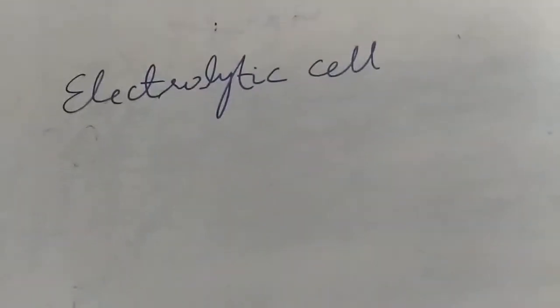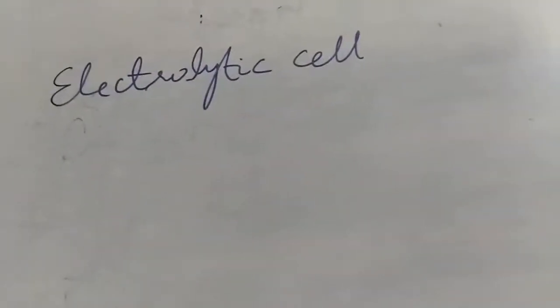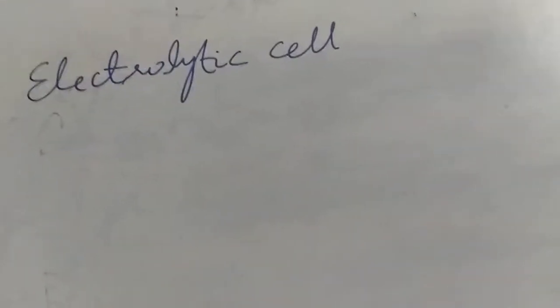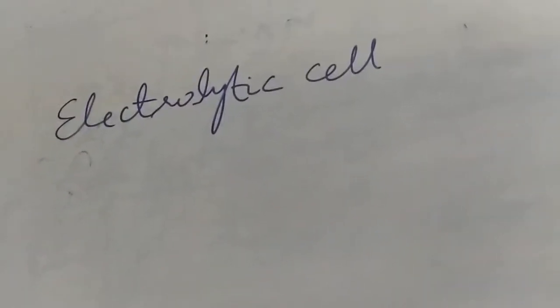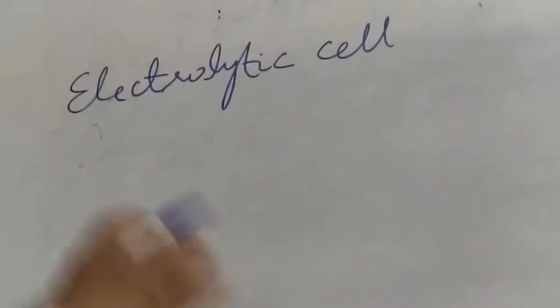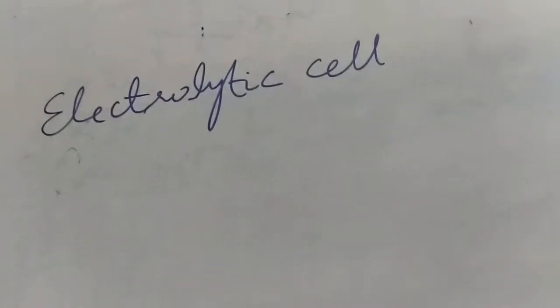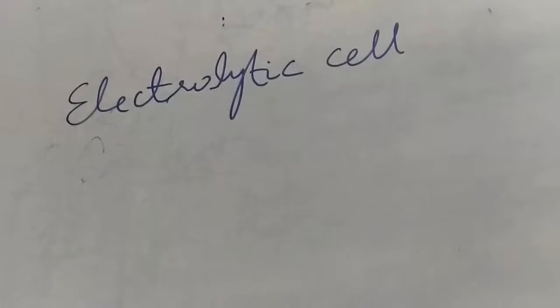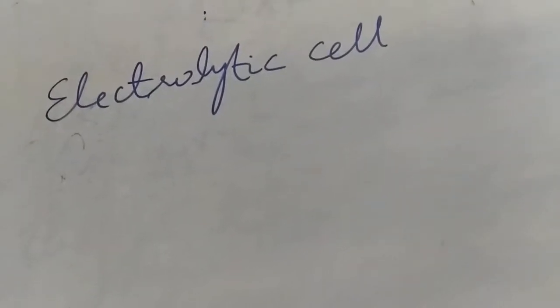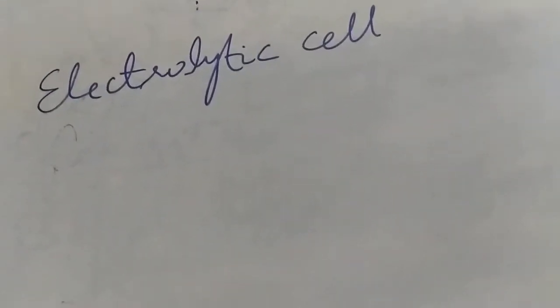Now in an electrolytic cell we do just the opposite: we convert electrical energy into chemical energy. Actually, this electrolytic cell is a device which we use to convert electrical energy into chemical energy.